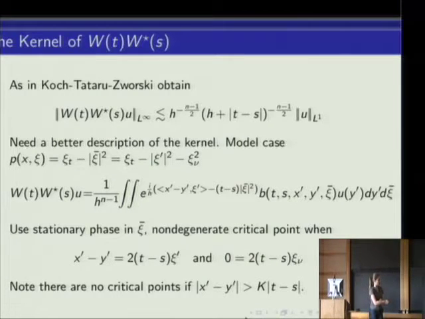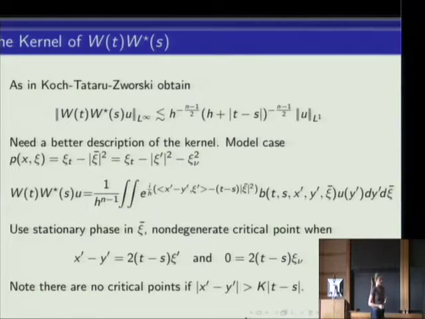You have the same usual scaling out the front, an oscillatory term, and the propagation is given by t minus s xi bar squared. This is the simplest case, but actually this is pretty much what you get in the general case with some error terms hanging around that don't really hurt what we're going to do.